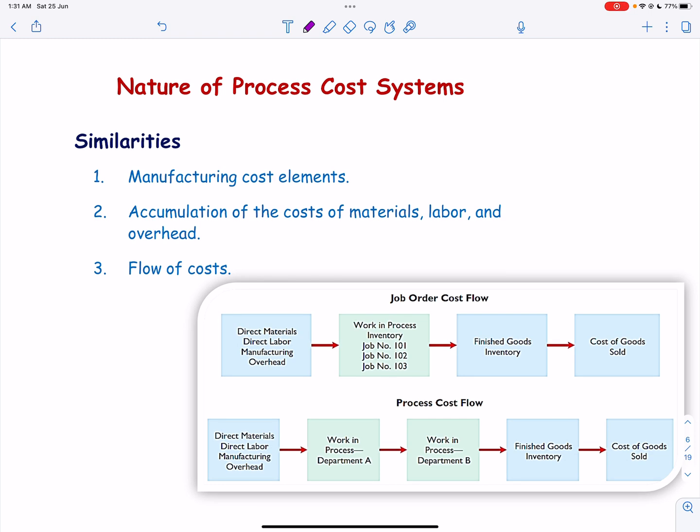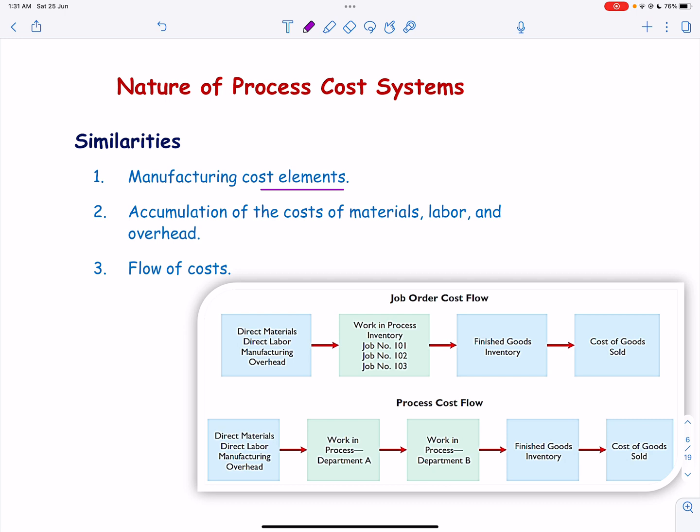Job order cost and process cost systems are similar in 3 ways. Both costing systems track 3 manufacturing elements, that is direct material, direct labor, and manufacturing overhead.